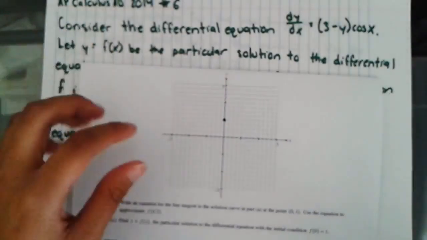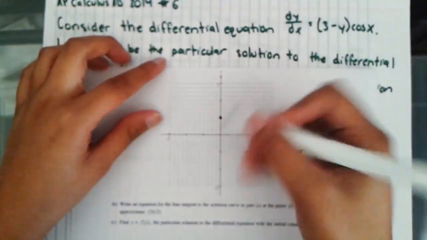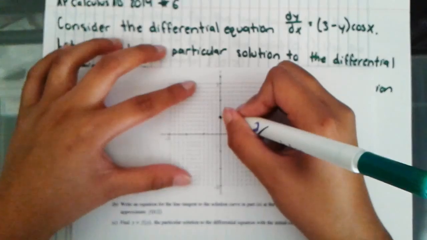So all you have to do for that, when you're sketching a curve on a slope field, is follow the lines.